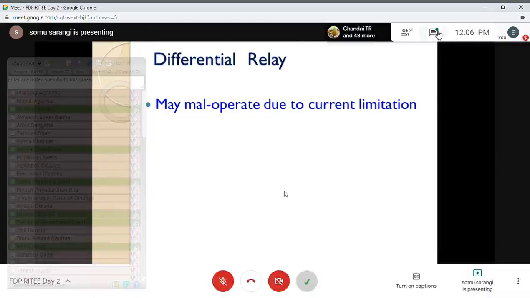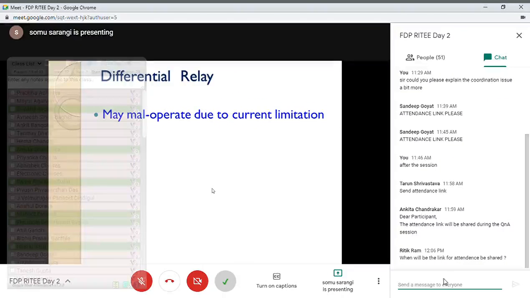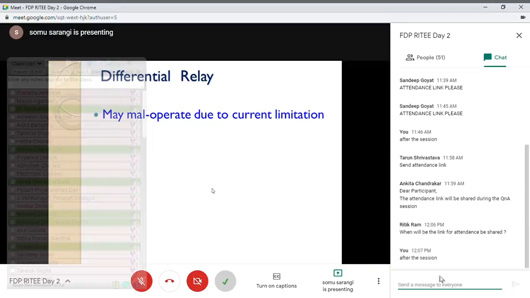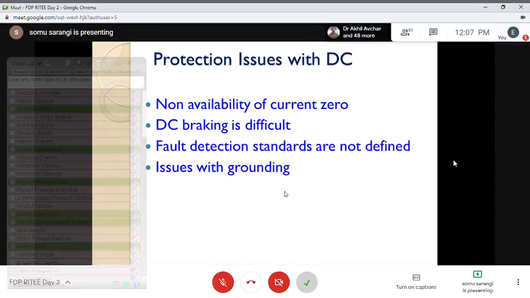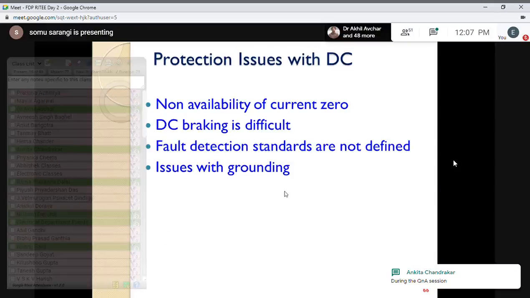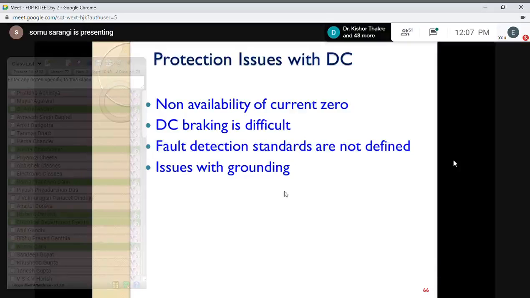So we electrical engineers who are working in power systems have a big task in our hands, by which we will go for new techniques to design new protection techniques and other things. Now these are the issues we have understood with the AC system.